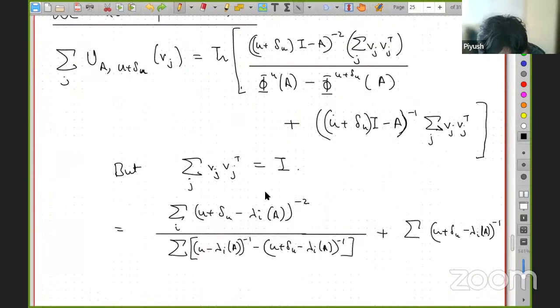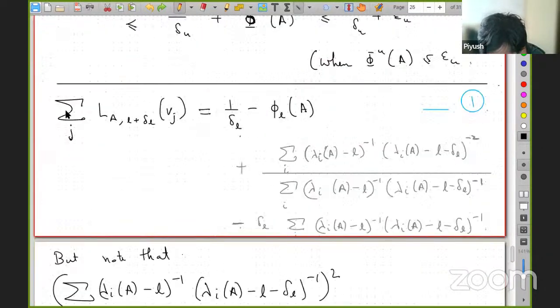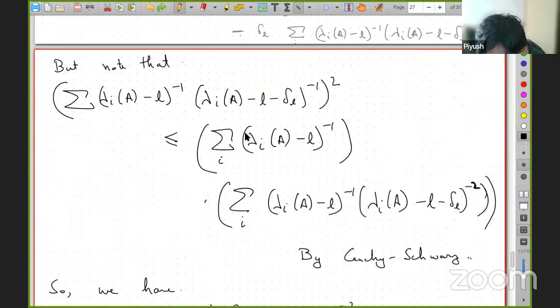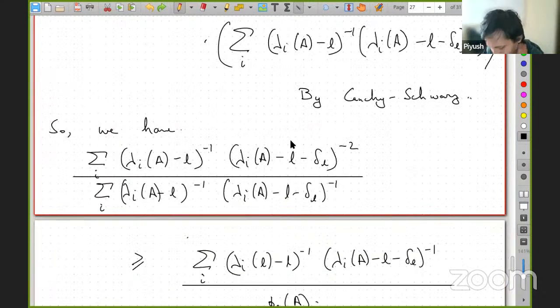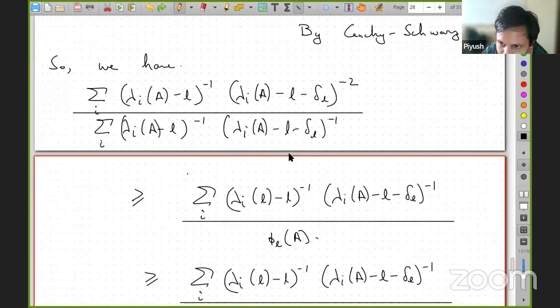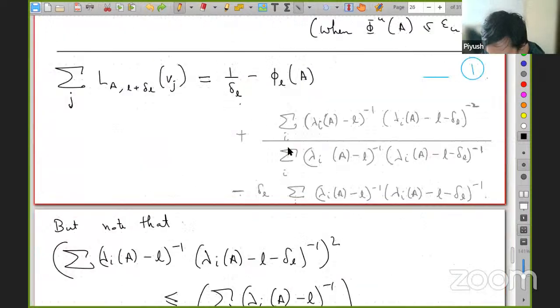At the current value, you compute the sum of the L's, and because of this condition, the sum of the L's is at least the sum of the U's. So there's at least one vector for which the L value is bigger than the U value. So you choose that vector along with the corresponding T.